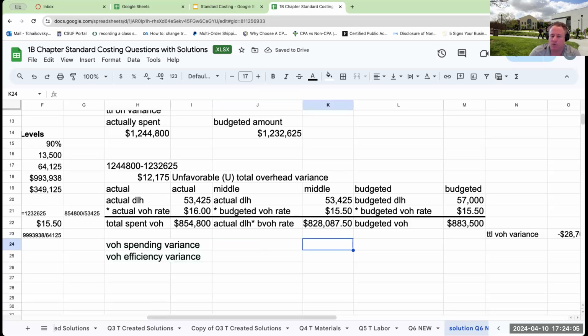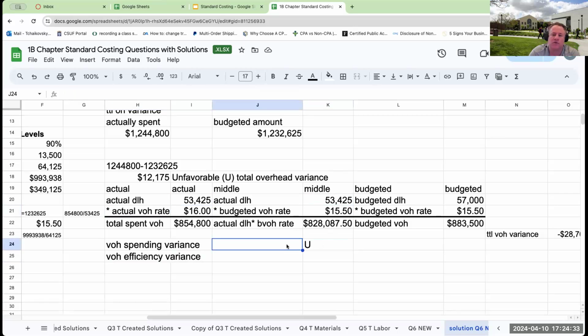Right off the bat, when it comes to the spending variance, I know that I'm going to be unfavorable. Why? Well, because we're leaving the actual direct labor hours constant, I went through and spent 50 cents more, my actual variable overhead rate compared to my budgeted.